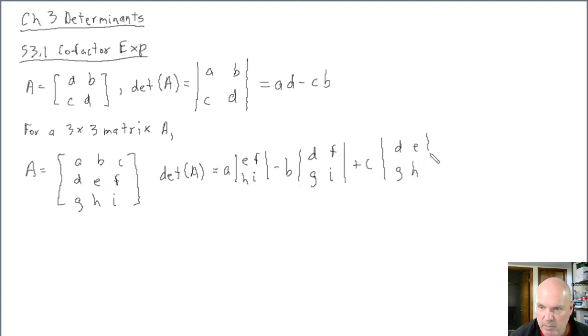And you probably remember perhaps from high school a shortcut method for determining the determinant of a 3 by 3 matrix. And I'll talk about that in just a second. But I want to talk about this method because it actually leads to a method that applies to an arbitrary size matrix, and it's called the cofactor expansion.